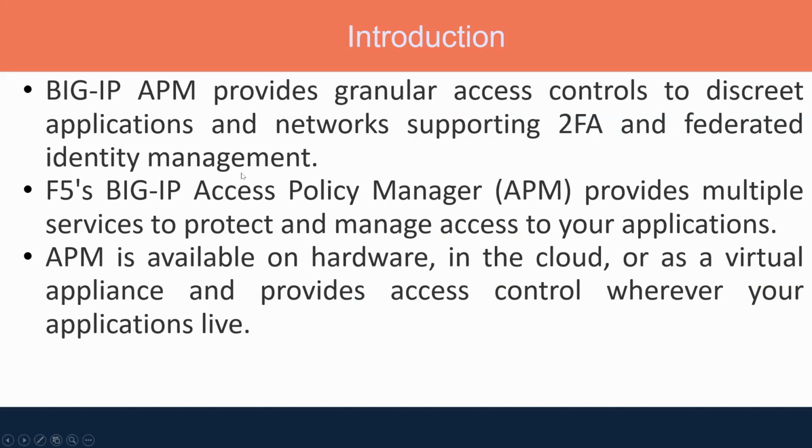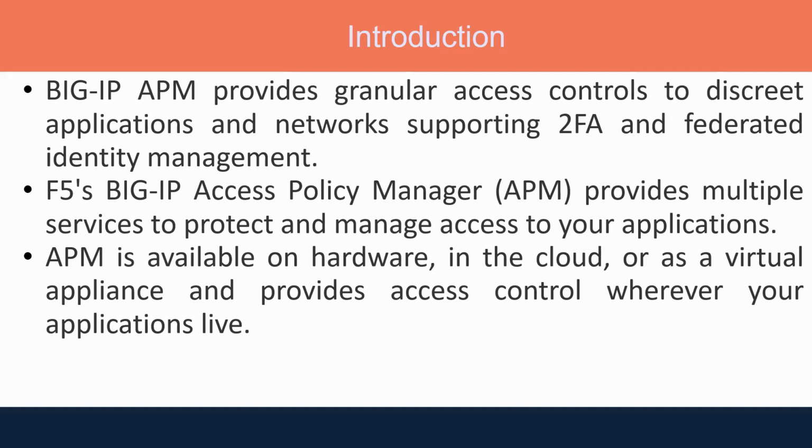That means using APM, you can use two-factor authentication, or you can use federated identity management, which is SSO. F5 APM is providing multiple services, which would help you to protect and manage the access of your applications.